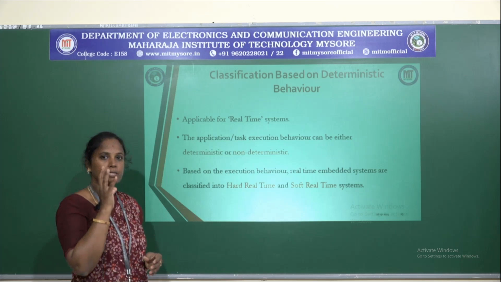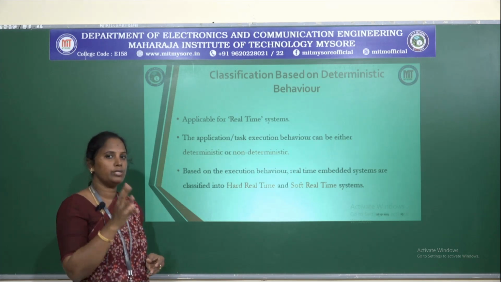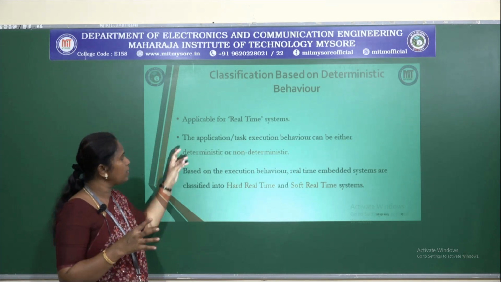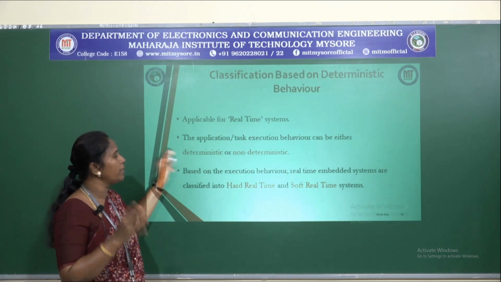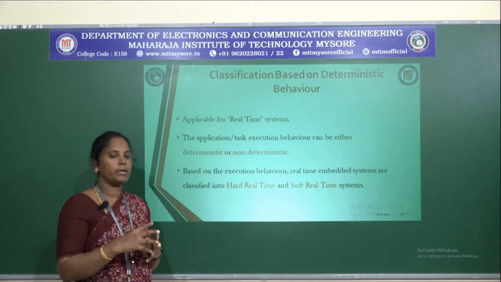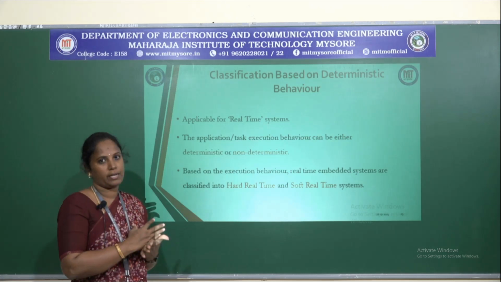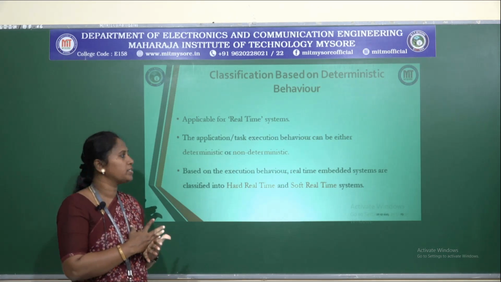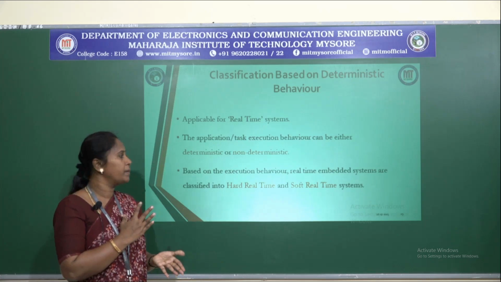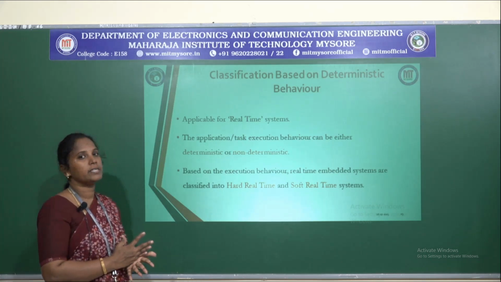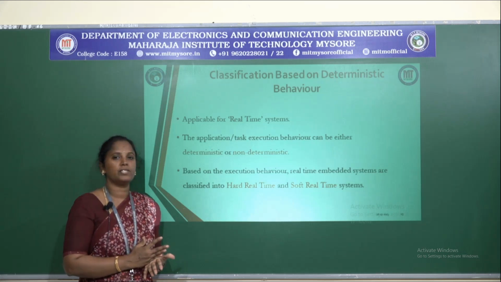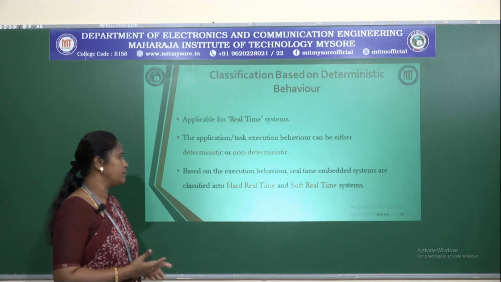So that has to be deterministic, that means it has to do its proper work. Here also we are giving much importance to real time behavior. That means the task has to be completed within the specified time. If it performs its operation at a particular time instant, then we call it deterministic, and if it does not perform its operation, then we call it non-deterministic.